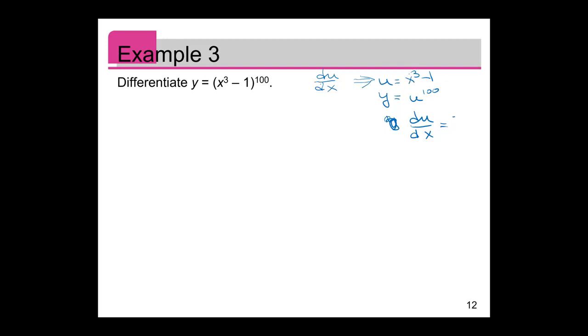Wait, first we're going to get the du dx. So we want to take the derivative of u right here, and that's 3x squared. Perfect. And then I want to take the derivative of y.